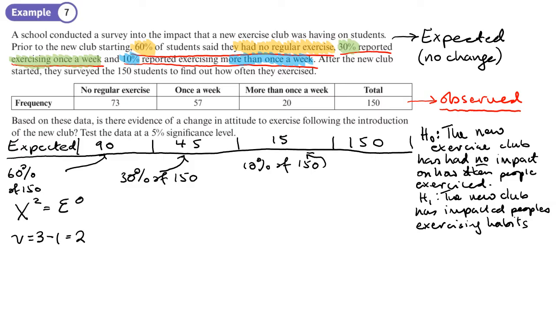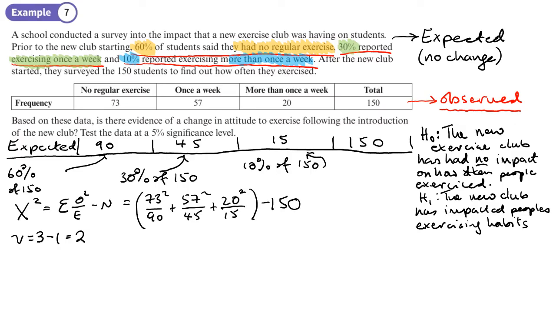Now we're going to do the sum of the observed squared over the expected, minus n. So the observed 73 squared over 90, plus 57 squared over 45, plus 20 squared over 15, minus the number of observations, which was 150.